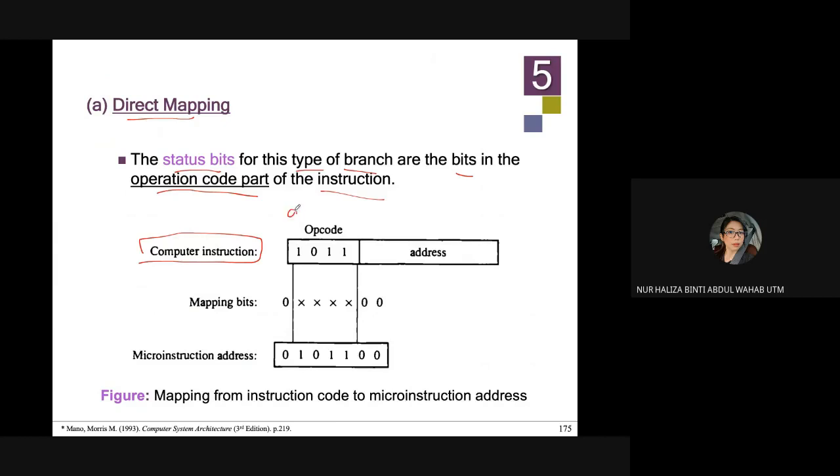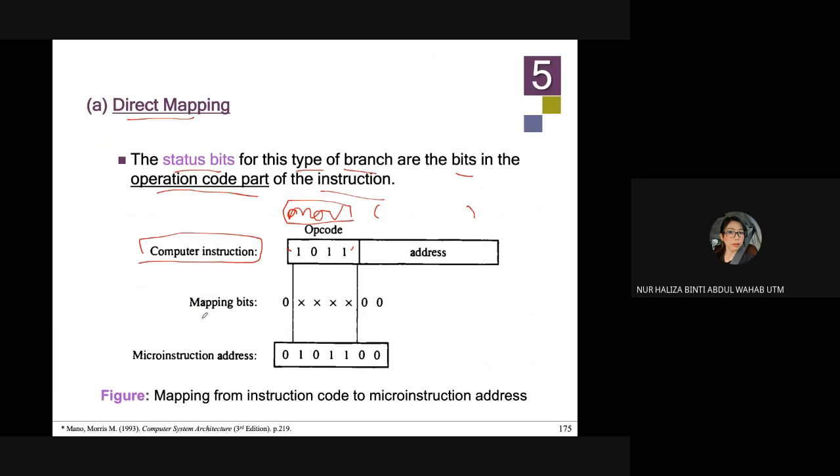Let's say this one is move. And then of course you have an address or operand, depending. But this opcode, your operation code, in terms of bit code, has for example 1011 for move.